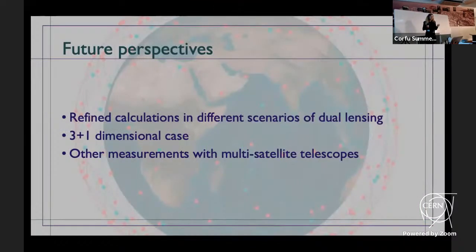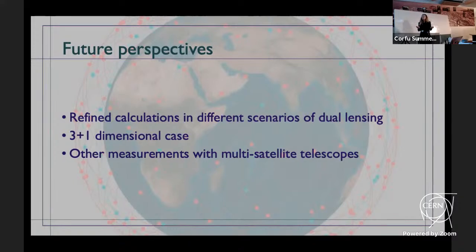What are the future perspectives? So of course we need to refine our calculations, and in particular to consider different scenarios of dual lensing, because we want to obtain a result that is obviously model independent. Then we need to consider the physical case, that is the 3+1 dimensional one. So two angles will be involved, and we need to understand how those two angles are affected.